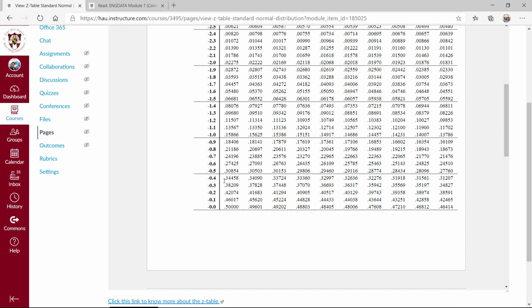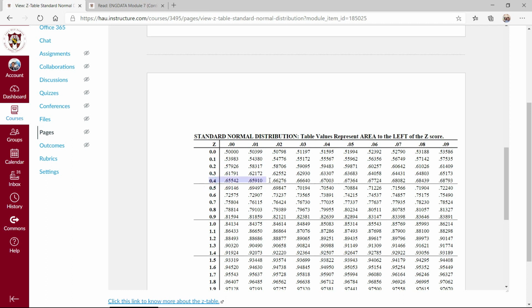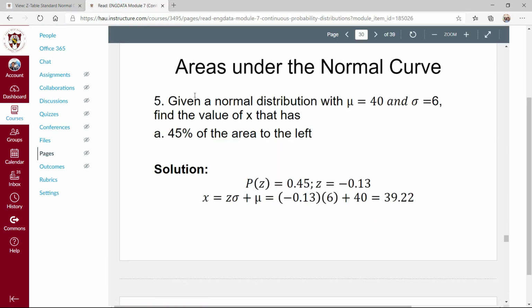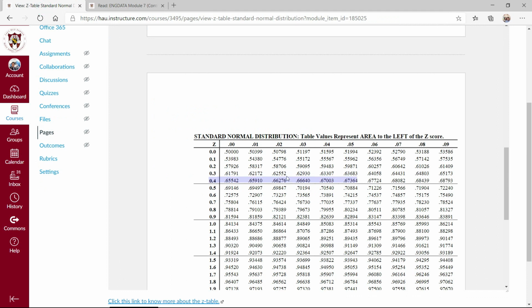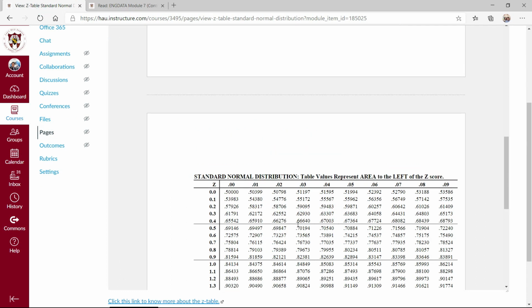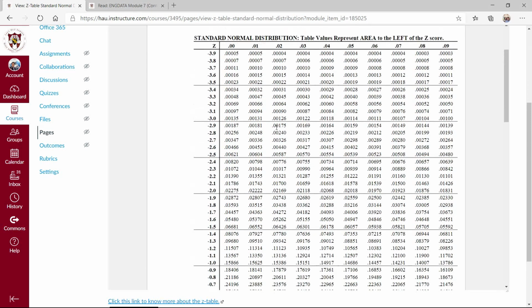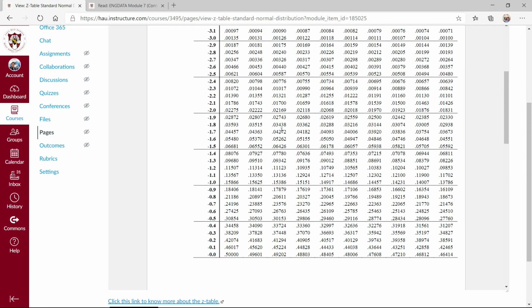So you'll need to look for 0.45. Rounded to the 2 decimal places, it should be 0.45.